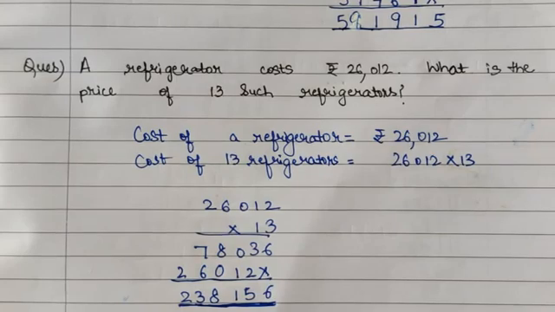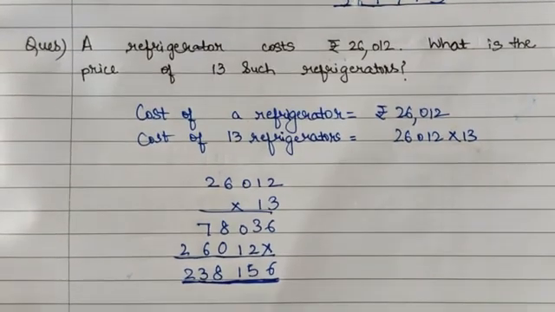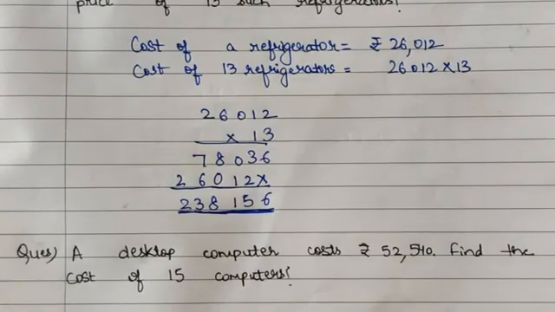It means we will do the multiplication. So on doing the simple multiplication, what we get? 2,38,156. Clear, children?